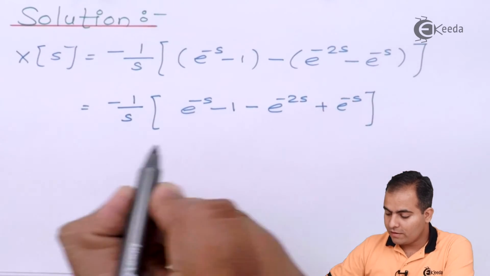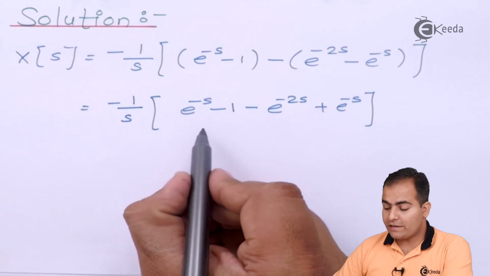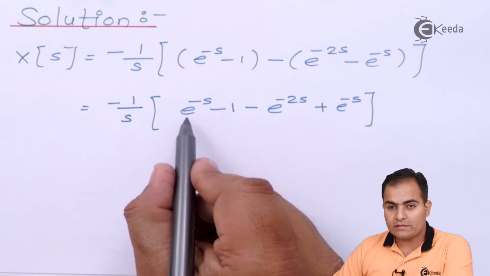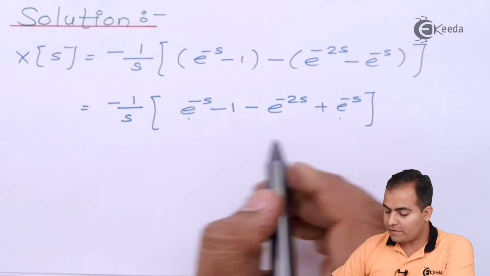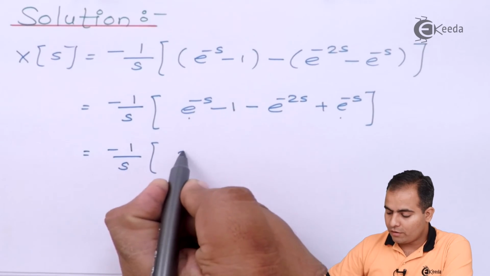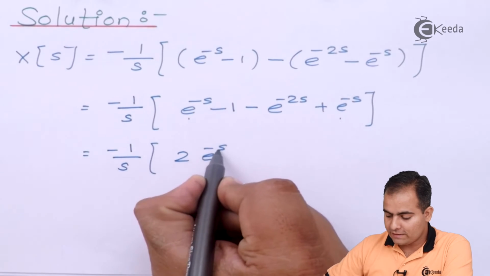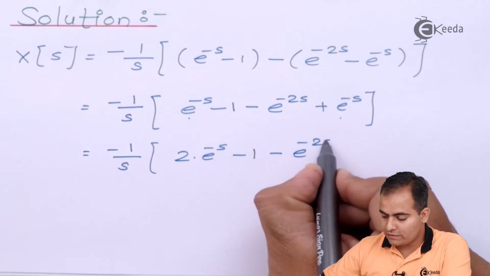s. Now before multiplying this minus sign inside, first of all we'll take some common parts. Look at it, e to the power minus s is common, so I'm going to write minus 1 by s into the bracket twice of e to the power minus s minus 1 minus e to the power minus 2s.